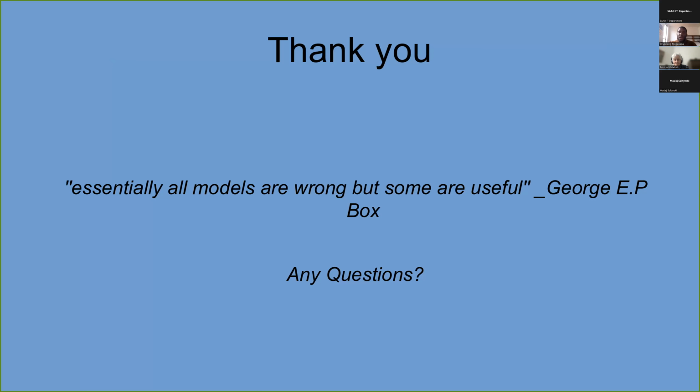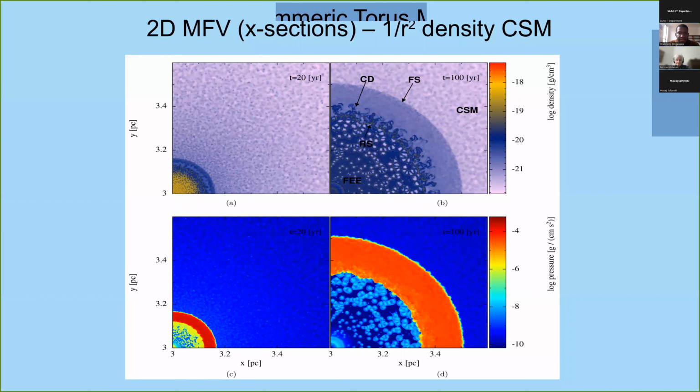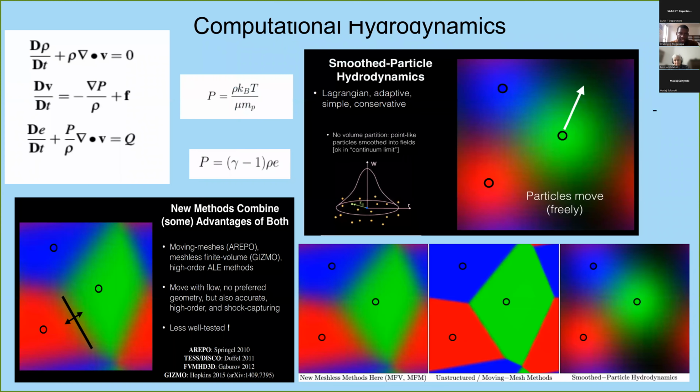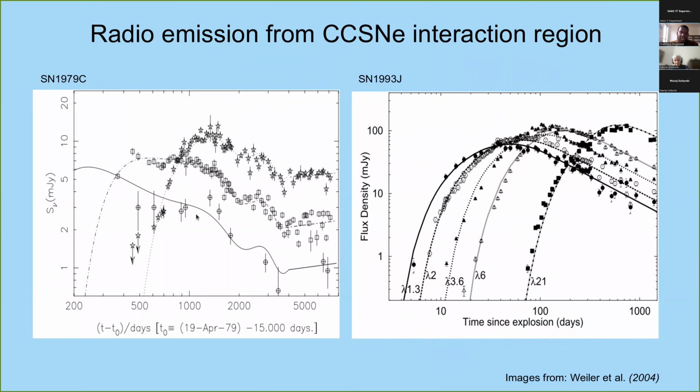But when the ejecta slams into that circumstellar material, you will have some kind of emission, especially in radio, like I showed earlier. This is suspected to have a spiral circumstellar medium, right?